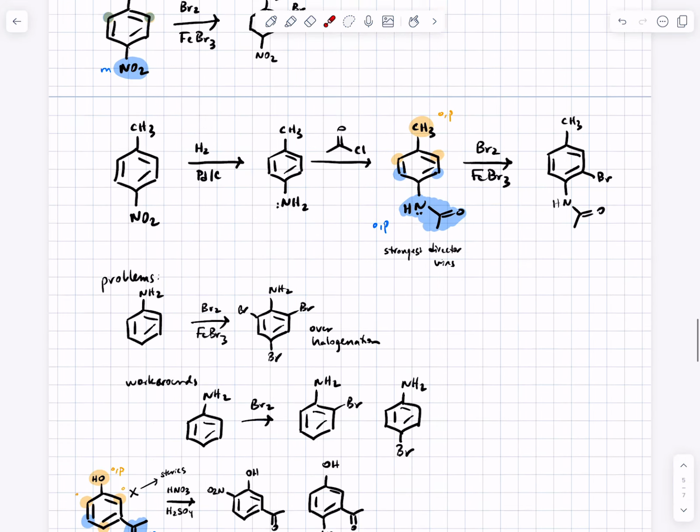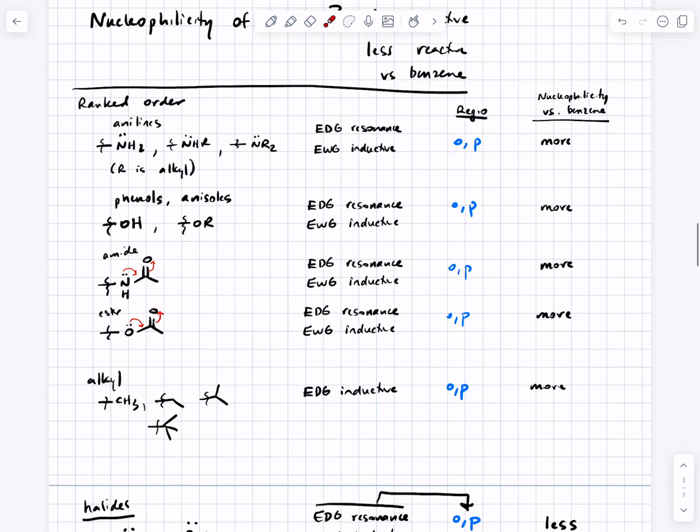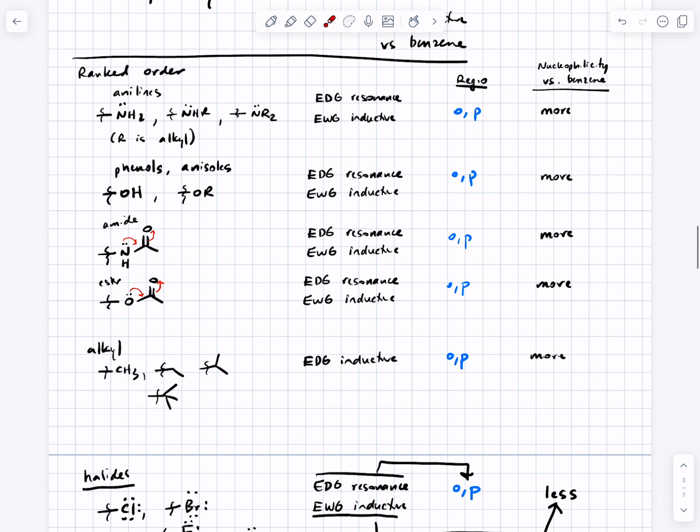I've said before, strongest ortho and para director, strongest activating group. Which is it? We've discussed the issues of reactivity relative to benzene and regioselectivity separately. This rank order is actually in order of reactivity relative to benzene.